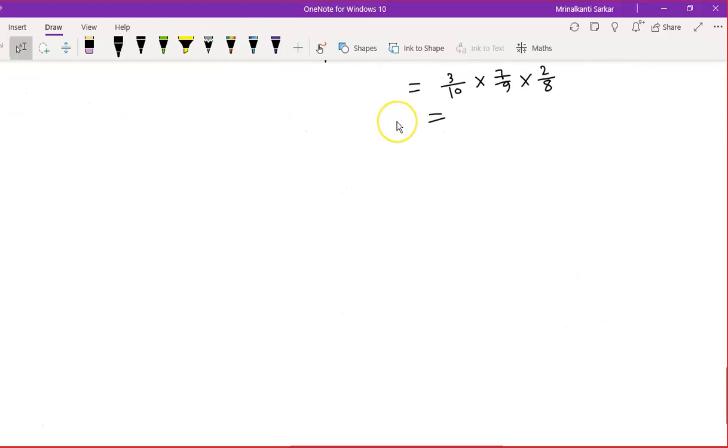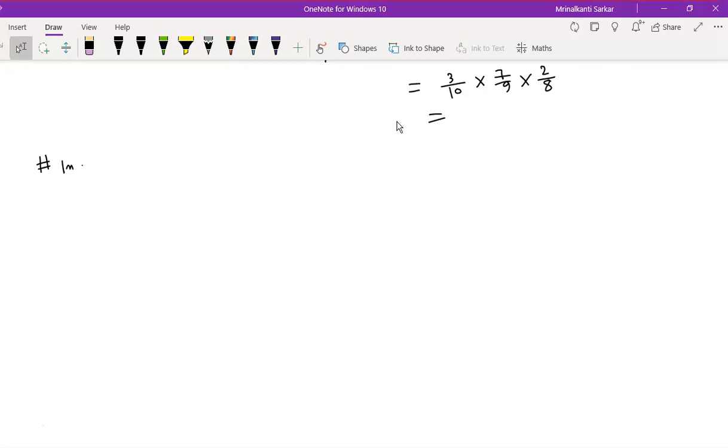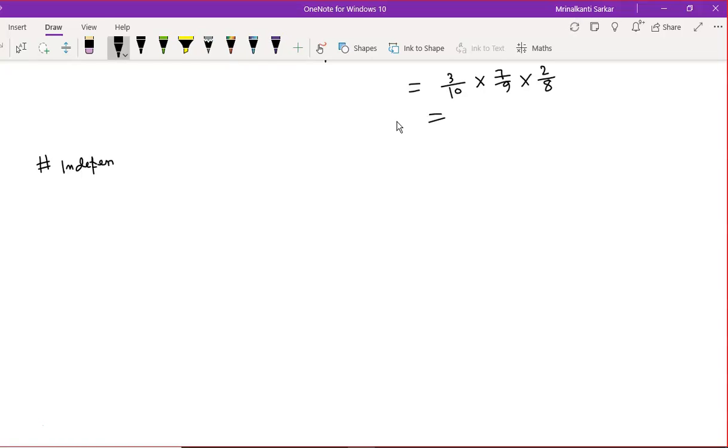Now what we are going to do is learn independent events. What are those?